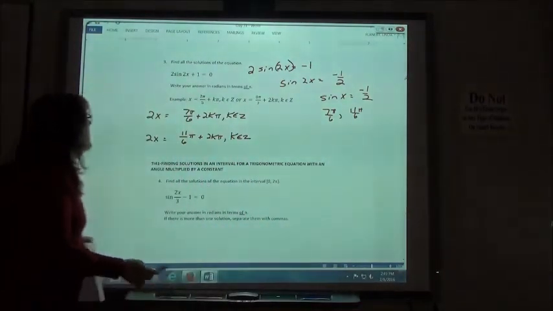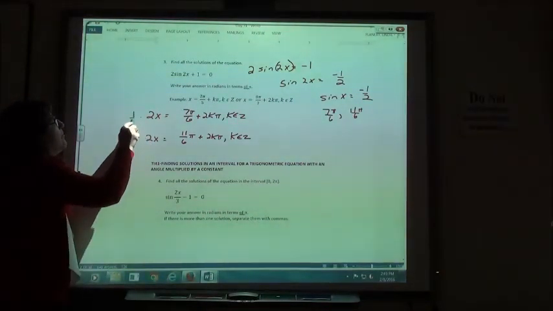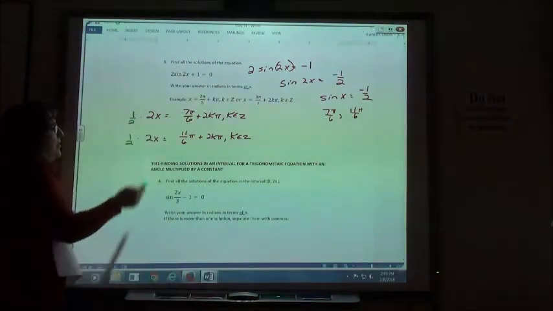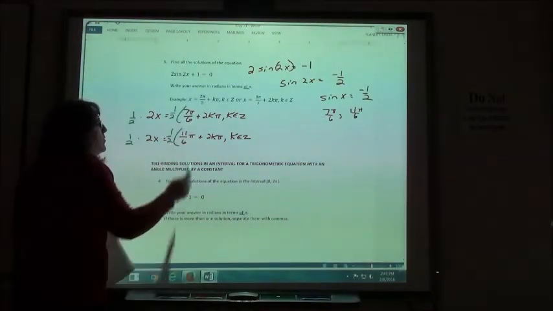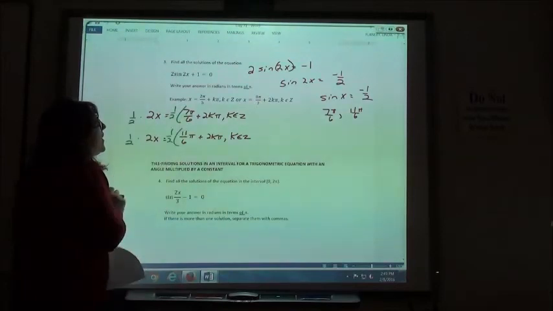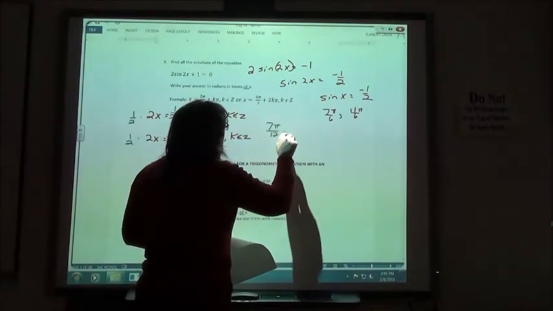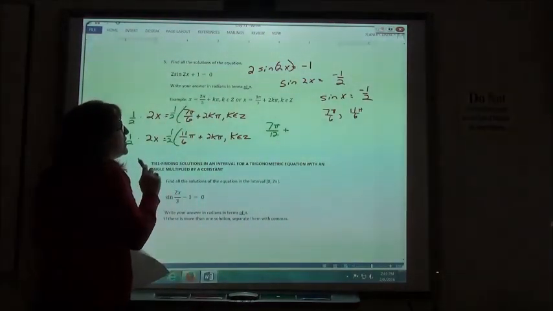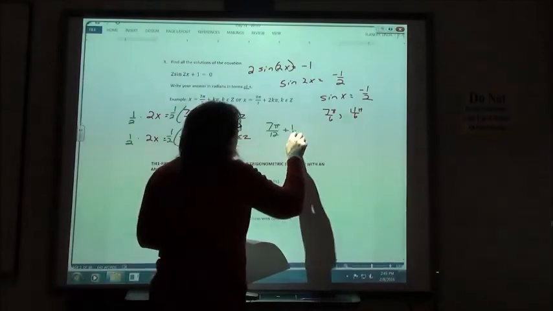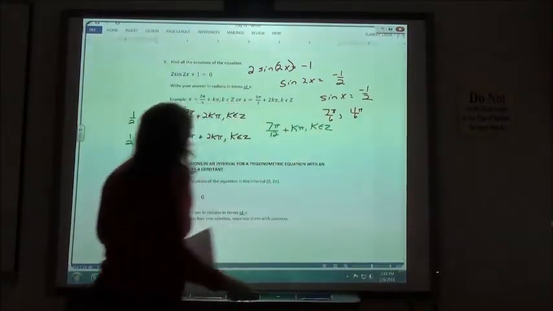So if we're going to solve these ones, we are going to divide by 2, which is multiplying by 1/2 in order to solve those. So we're going to take half of those. So in this case, I would have 7 pi over 12 plus here 2 and 1/2 is going to make that just 1 k pi, or just k pi, with k being an element of z.